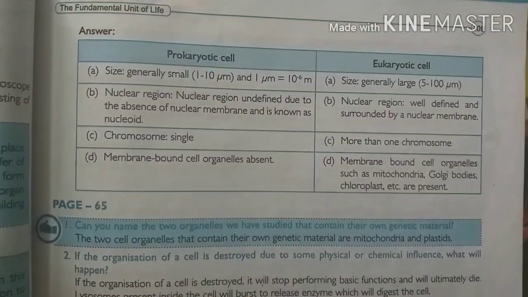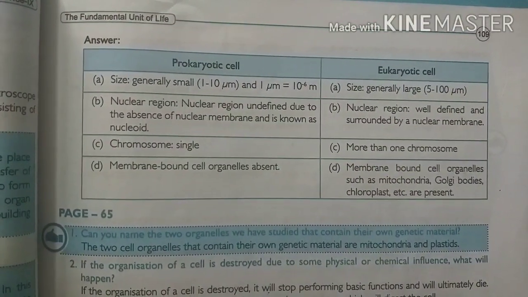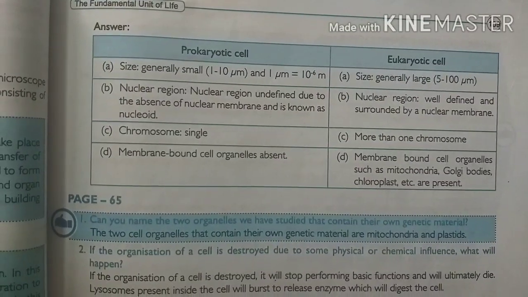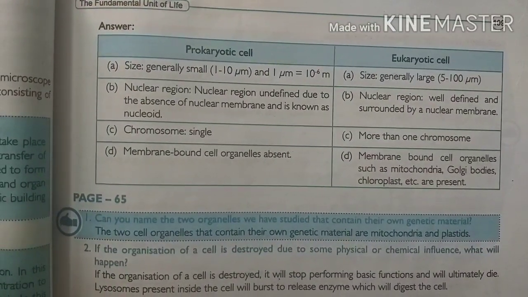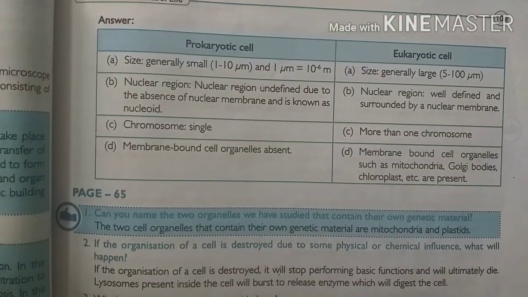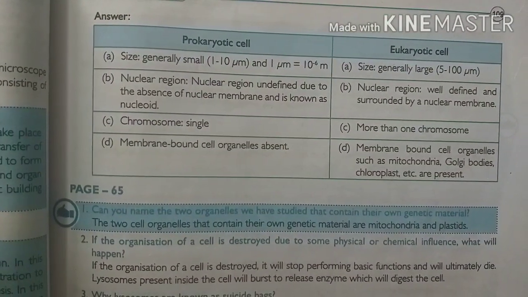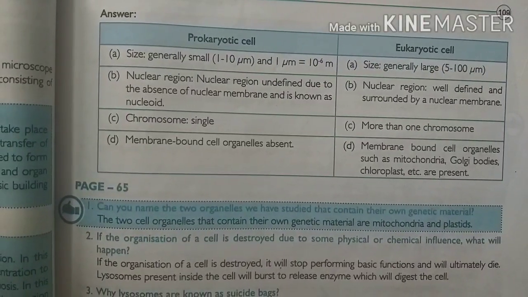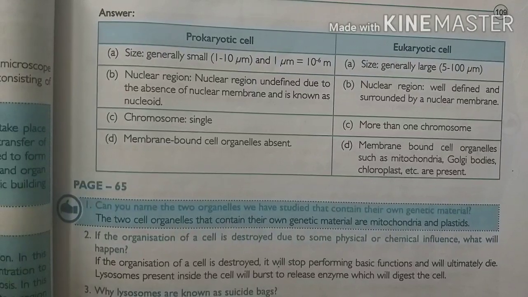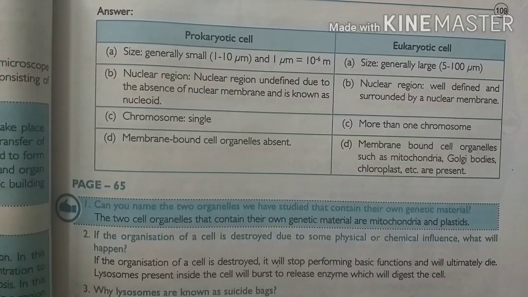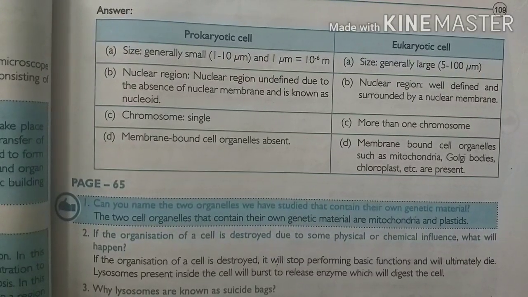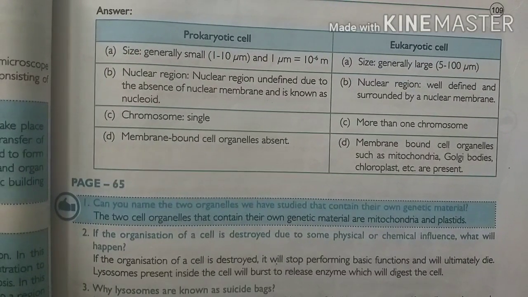So from the starting I wanted to explain prokaryotic and eukaryotic cells. You will learn this also, this question is very important, it always comes in exams and tests. Prokaryotic cell size is 1 to 10 micrometer, and you should know the value of micro. And eukaryotic cell size is 5 to 100.